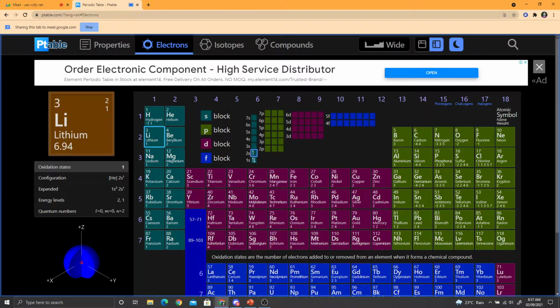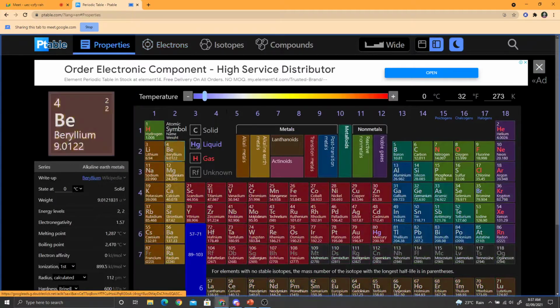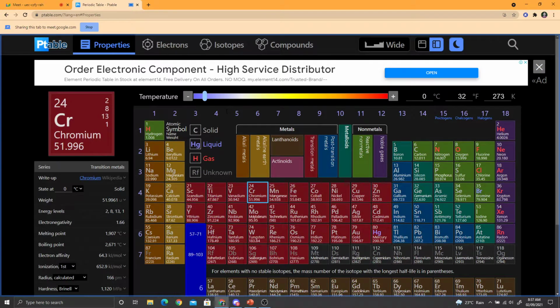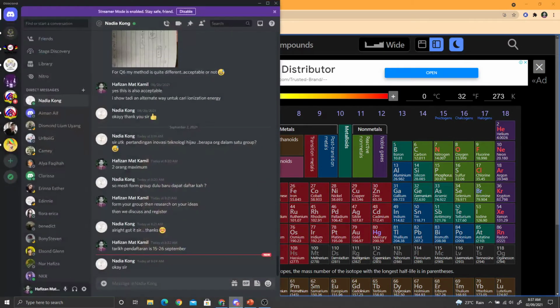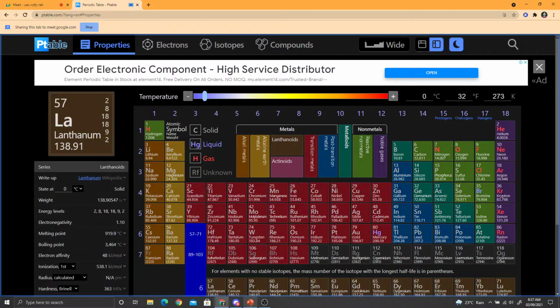Actually, going across the period, the helium should be here. If you see, across the period, from left to right, the sizes become smaller, smaller, smaller and smaller. Why is that? Why does it get smaller?